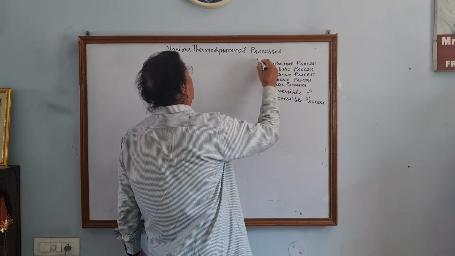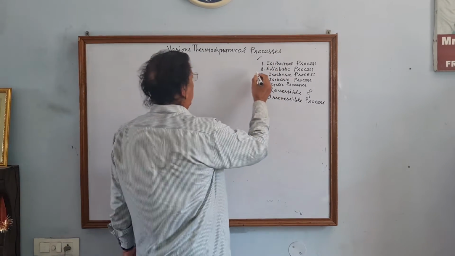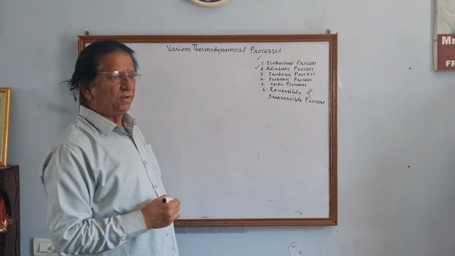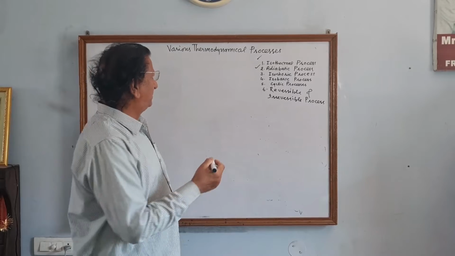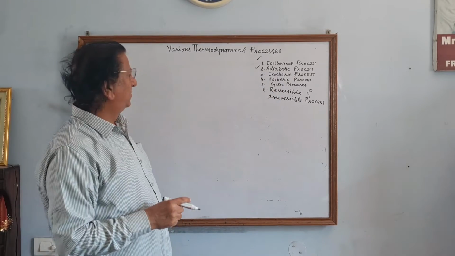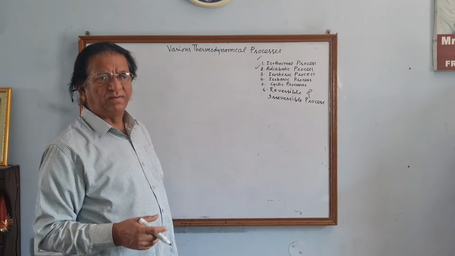The isothermal process we discussed yesterday in detail. The adiabatic process has also been discussed in detail. Now we will take up the remaining processes: isochoric process, isobaric process, cyclic and reversible and irreversible.